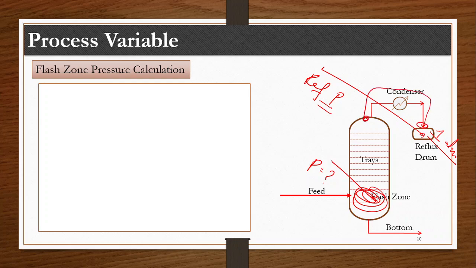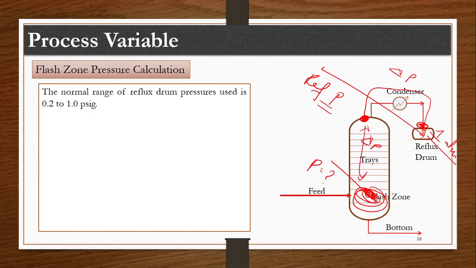From this point to this point there is a pressure drop, meaning the pressure here should be higher than 1 atmospheric, so that these vapors and this liquid can flow up to the reflux drum. Similarly, from this place to the flash zone there should be a pressure drop.